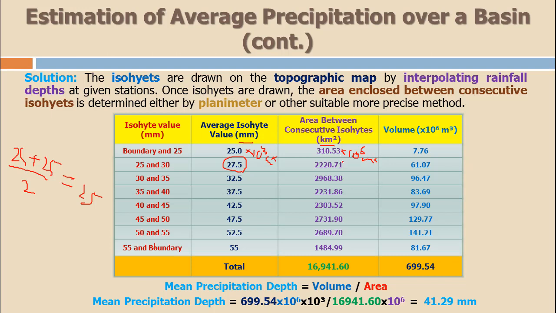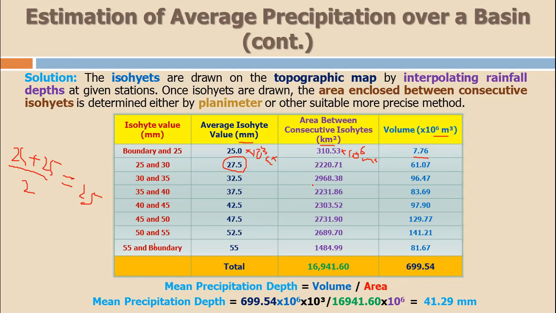If you multiply these two, remember this is minus 3, and take 10 raised to the power 6 cubic meter common, you will get 7.76. Actually the total value is 7.76 into 10 raised to the power 6 cubic meter.